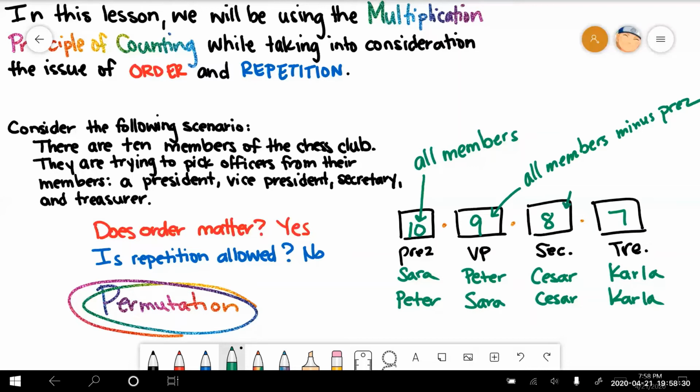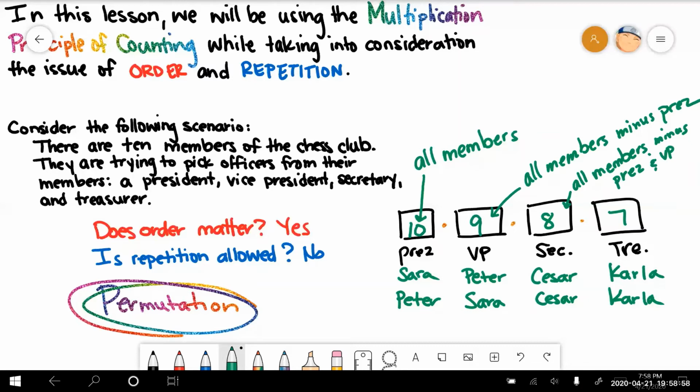Once we get to secretary, we've got all members minus the president and the vice president, and so on and so forth. We're just subtracting the people who have already received a position. Okay, and now we can multiply them because they all represented options for a certain category, which is what we did in the previous material.